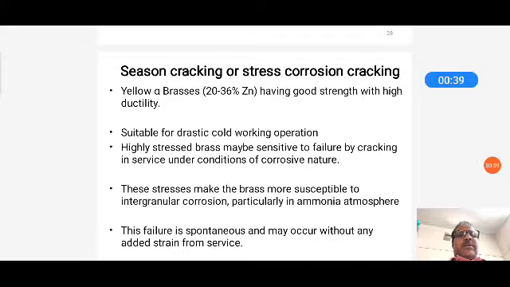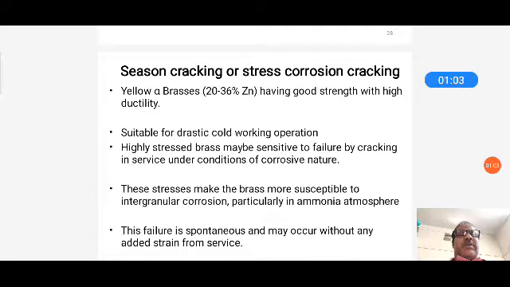The problems may arise. In those processes, the main problem is season cracking or stress corrosion cracking, especially in the yellow alpha brasses.